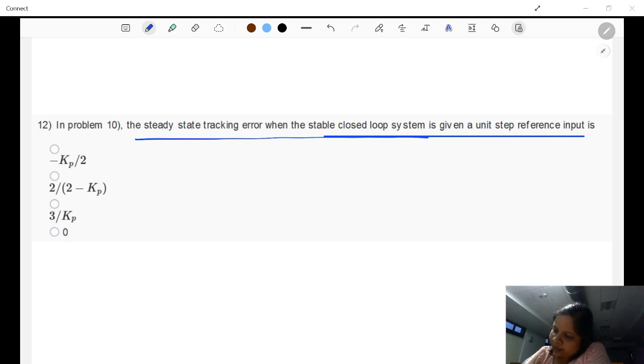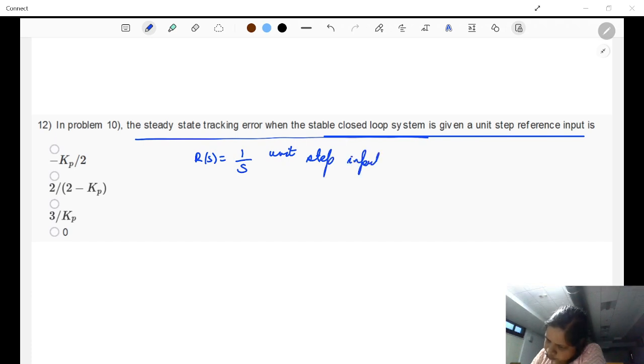So how do we find this out? I hope you would remember. We know very well that R(s) is 1 by s because it is a unit step input.